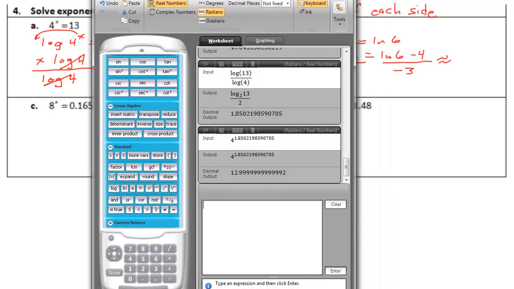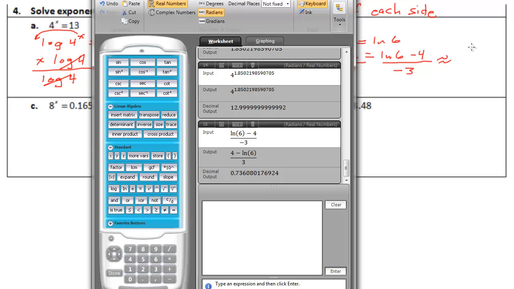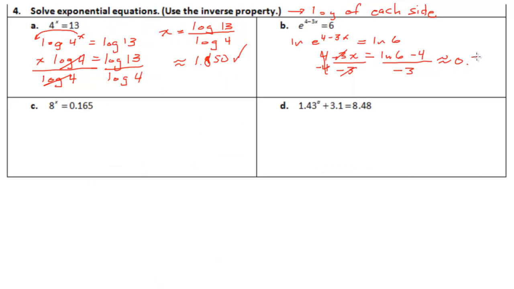So the natural log is in the numerator, so let's put parentheses around this. Natural log of 6 minus 4, close that numerator, divide by -3. And what we get is about 0.736.